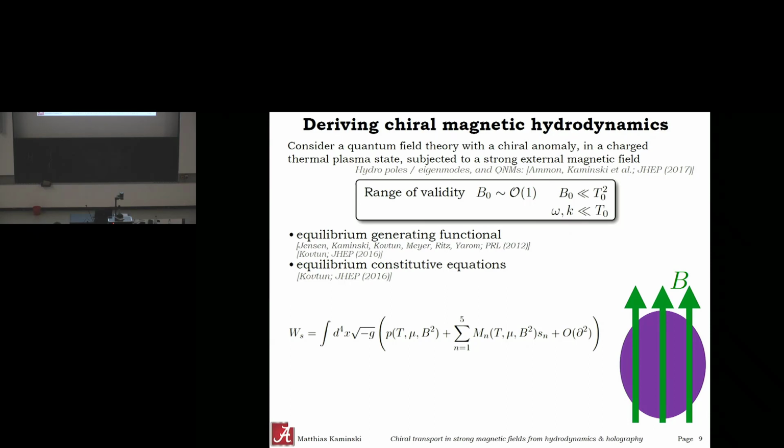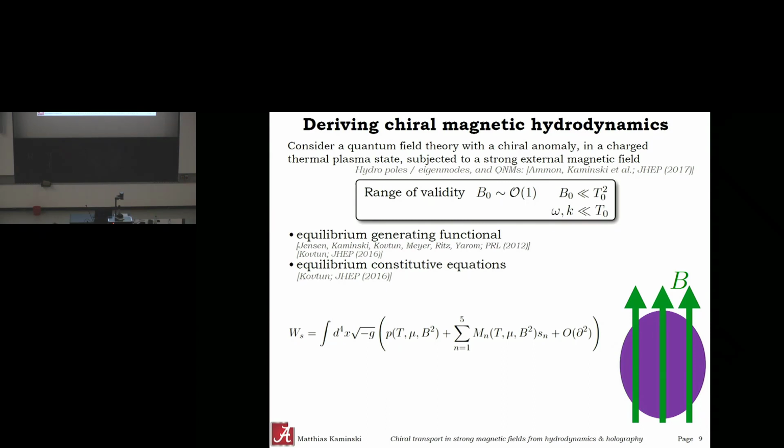And I'm interested in the hydrodynamic regime where derivatives, frequencies and momenta in Fourier space are much smaller than the temperature. Then we can write down equilibrium generating functionals, also including the anomalous contributions. From that, you can directly derive by variation equilibrium constitutive equations.